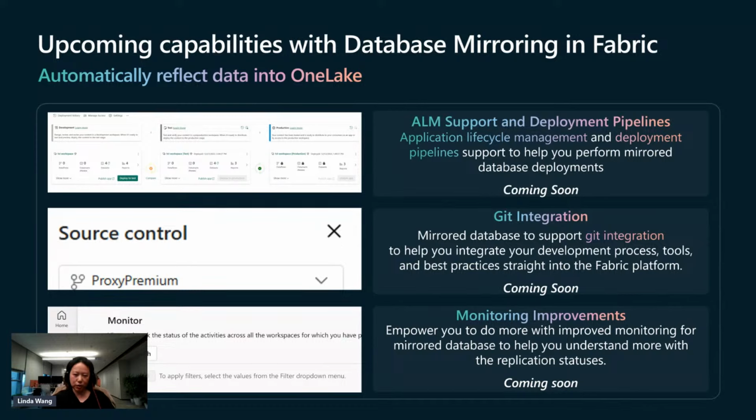So we are integrating with Fabric workspace monitoring to provide more insights on the mirroring replication execution. There you can understand per table how much data is being mirrored over time, any issues, what the latency is, etc. So you have more insight if you want to check what happens for your mirrored database. All those capabilities are coming very soon, starting from early next year.